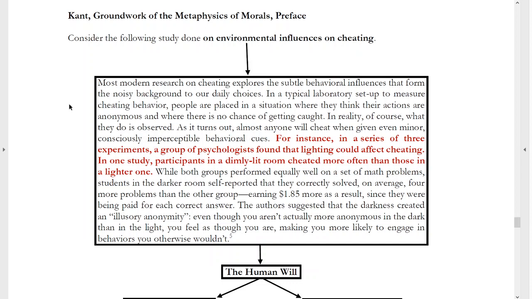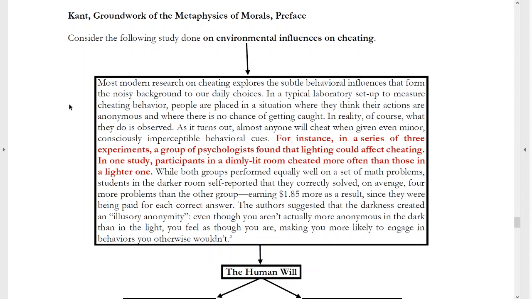So let's look at another example like that, an example of cheating. Most modern research on cheating explores the subtle behavioral influences that form the noisy background to our daily choices. In a typical laboratory setup to measure cheating behavior, people are placed in a situation where they think their actions are anonymous and where there's no chance of getting caught.